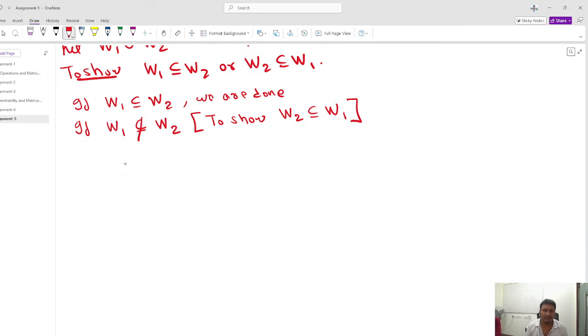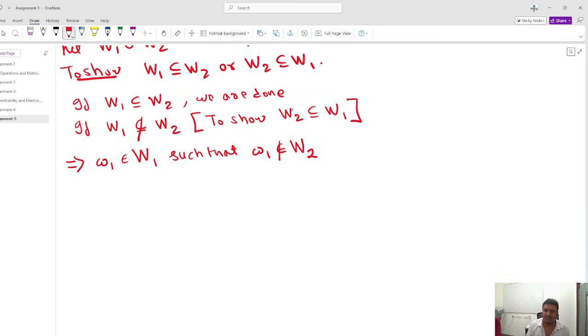W1 is not contained in W2. So there exists a small w1 in capital W1 such that this small w1 does not belong to W2, right? Now what to show? That W2 is contained in W1.